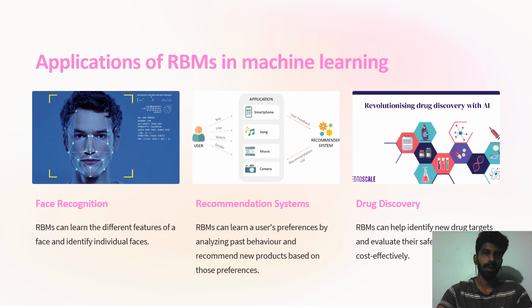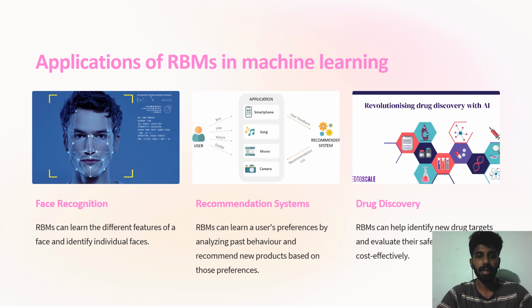Okay. So, what are the applications of RBMs in machine learning? There are mainly three applications. First one is face recognition. RBMs can learn the different features of a face and identify individual faces.